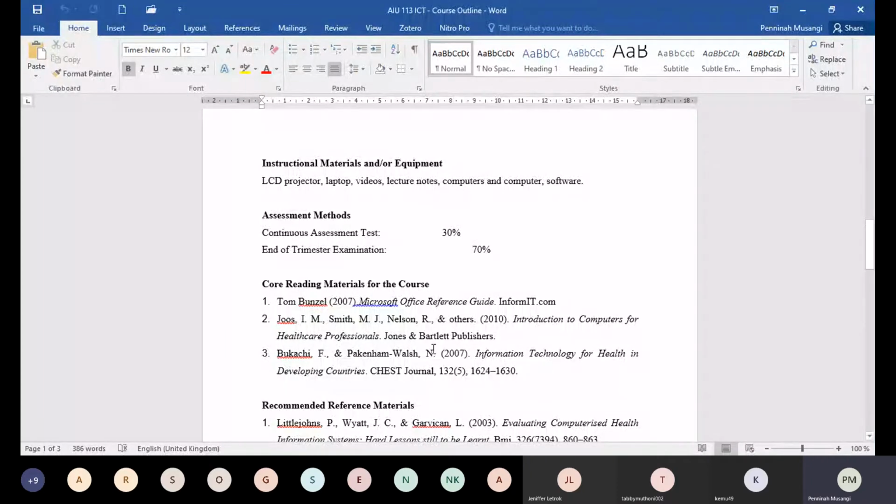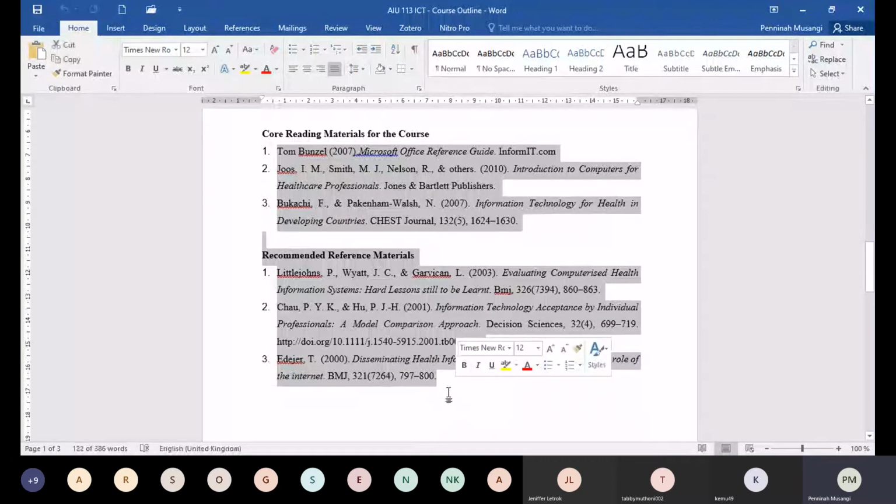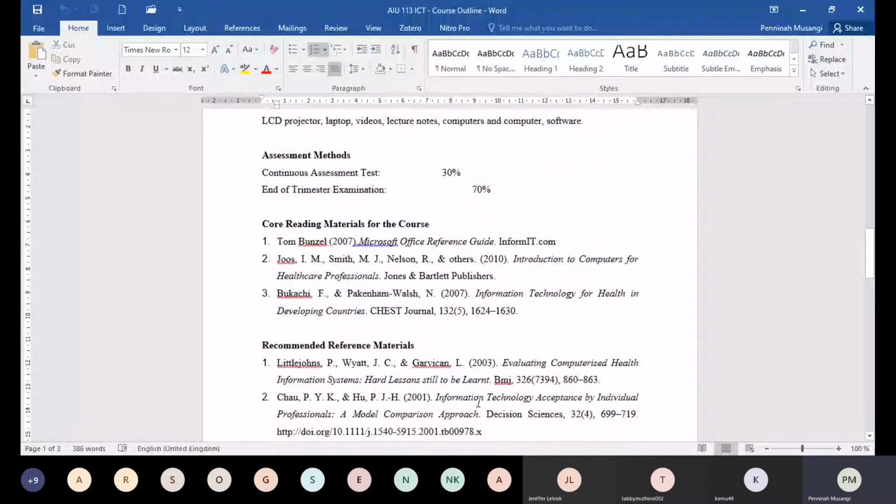In terms of the reading materials, these are meant for face-to-face if you are doing it physically here in AMREF. But because of the online teaching, after every topic, the last slide will be the reading materials, which will be purely online, such that you don't need to come to the university physically to get the learning resources.